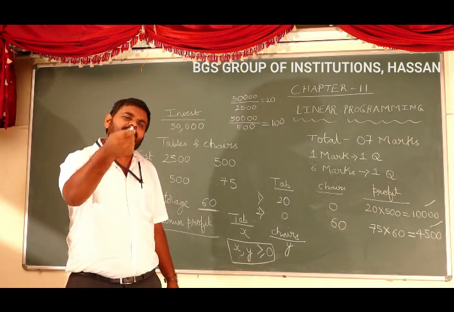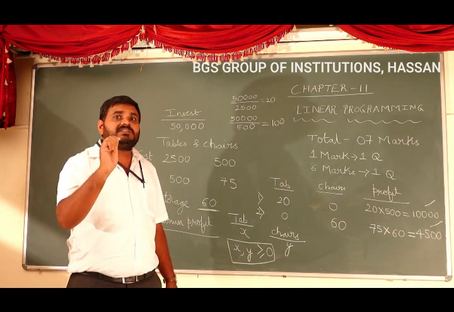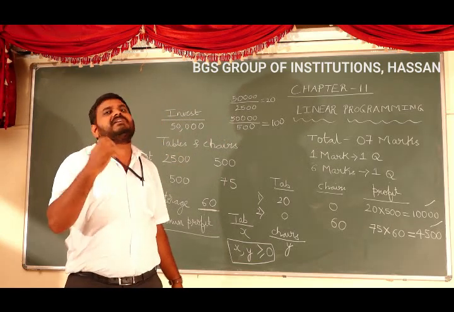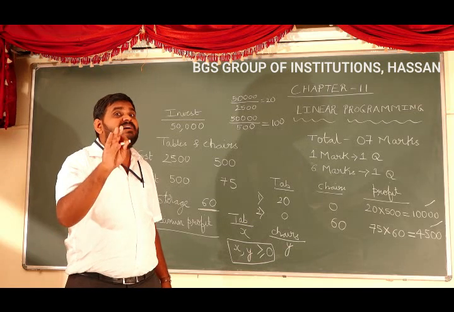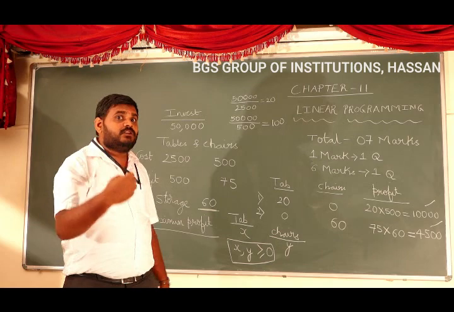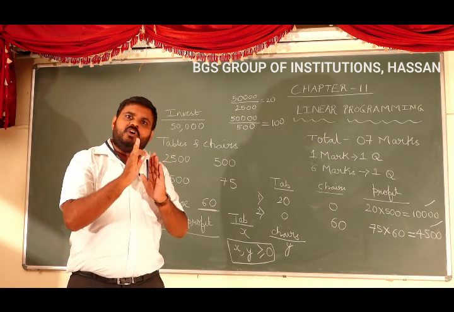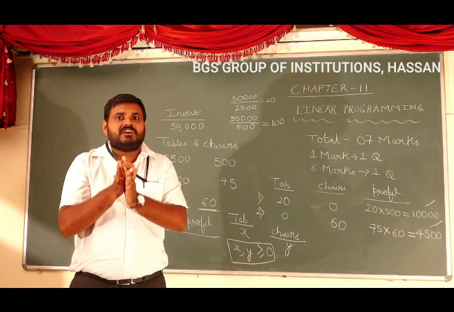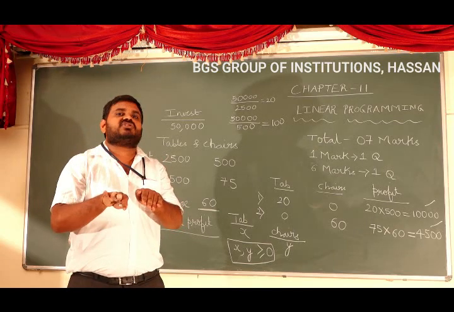A linear programming problem is a problem where we need to satisfy the given constraints. The constraints are nothing but the conditions. And that is also said to be an optimization problem. Why do we say it is an optimization problem? Because we need to optimize it. Optimizing need not be maximum, it can be minimum also. Sometimes when we have to invest, we look into minimization of the cost.